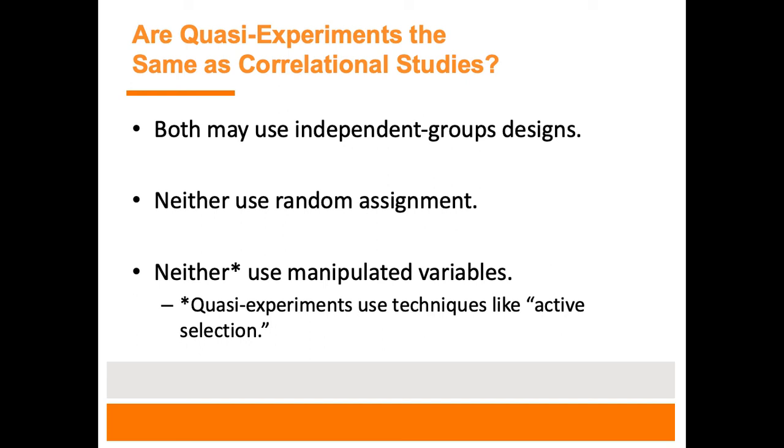Although quasi-experiments do use techniques like active selection, right? Using active selection means that we're gathering people purposefully based on what they experience, which almost makes it more construct valid, right? However, correlational studies tend to look at two variables at a time, both generally continuous in nature or scale-based, 1, 2, 3, 4 sort of things.